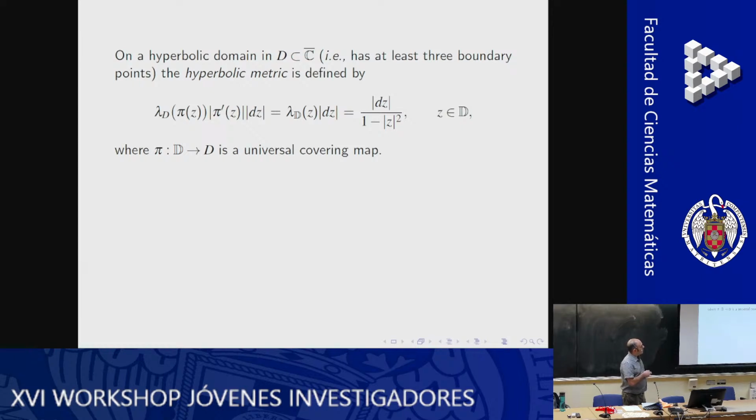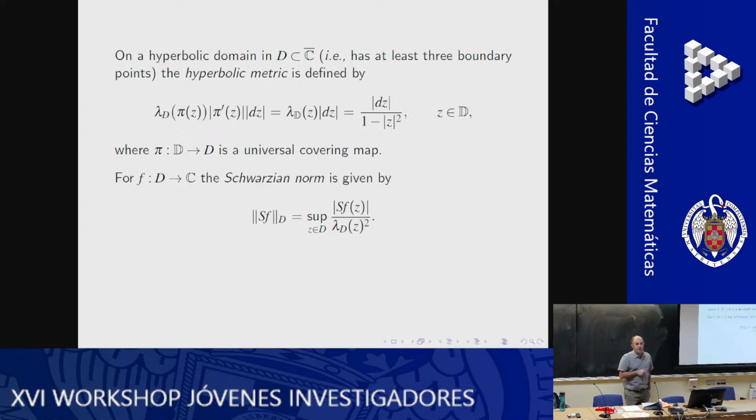The hyperbolic density times dz is the metric in the unit disk, and you can push it forward to that domain. Okay, so having the hyperbolic density, we divide the Schwarzian by the square of the density and take the supremum. That's the norm of the Schwarzian derivative on that domain.